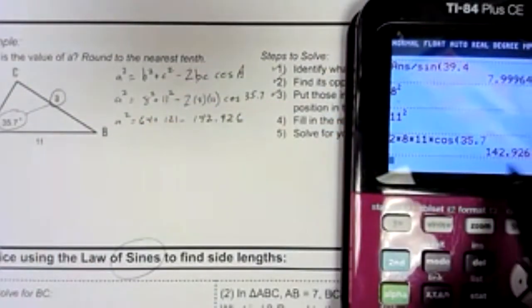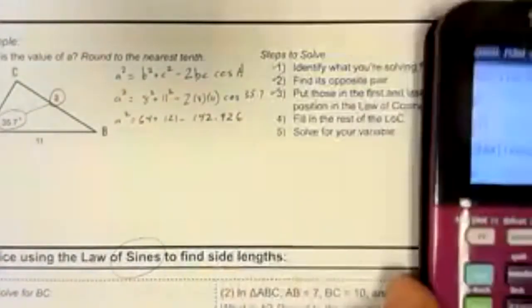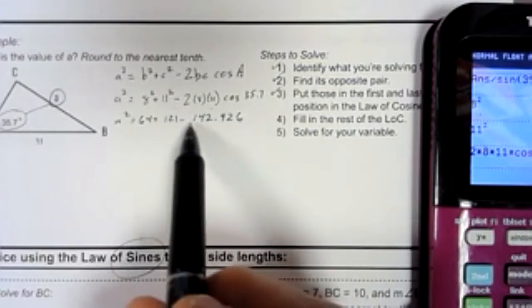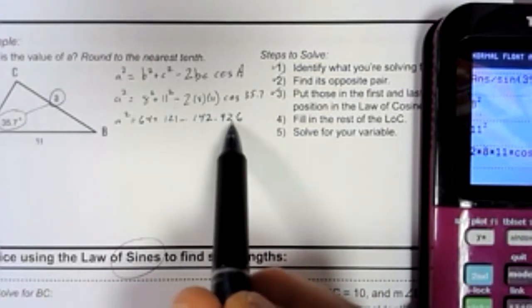Now notice this is positive here in my calculator, and I'm subtracting this value that I multiplied together. So I get a subtraction of this much.